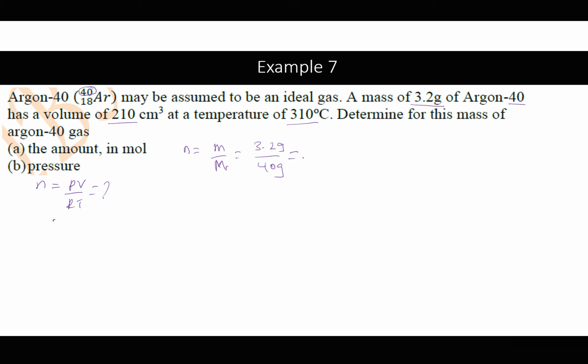When I press my calculator, 3.2 divided by 40, that is 0.08. So the number of moles of argon is 0.08 mole.